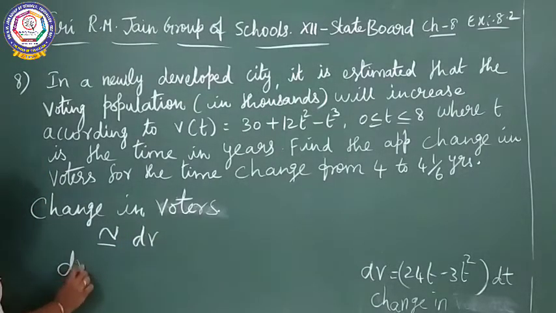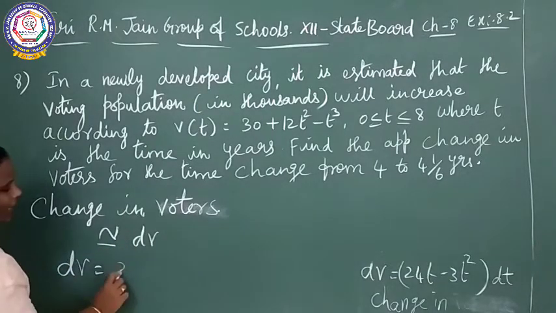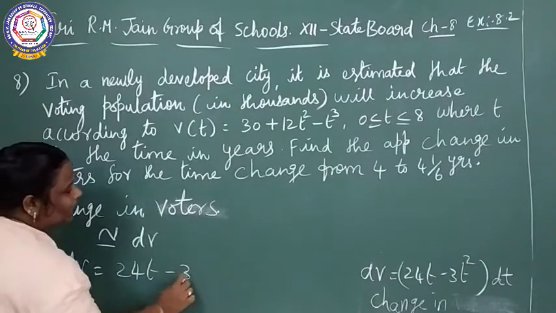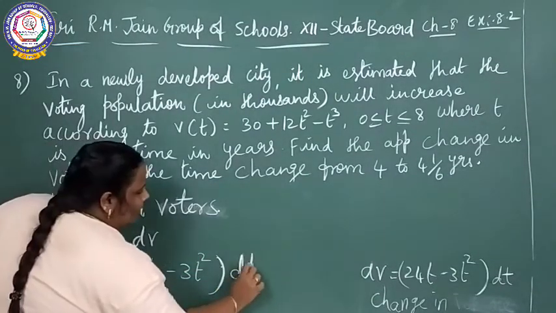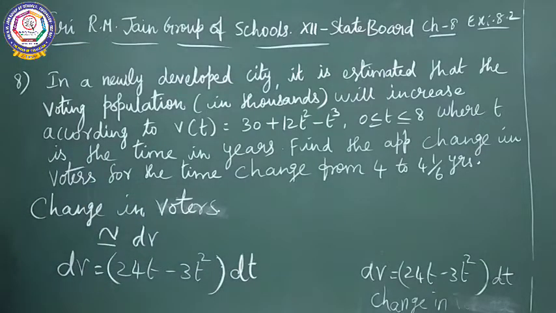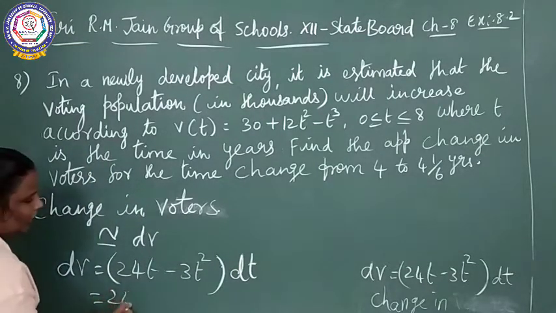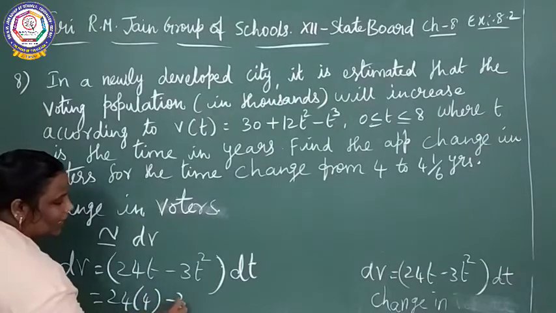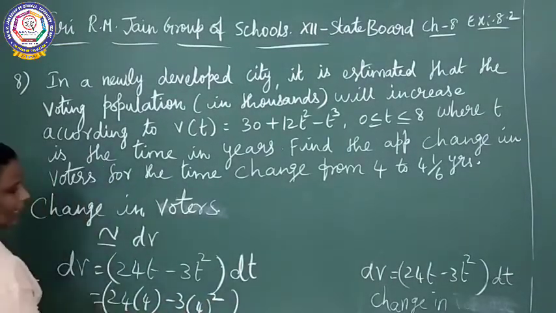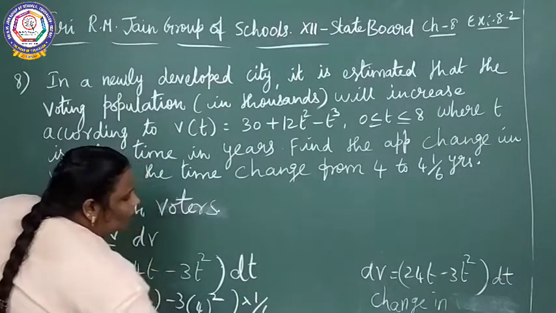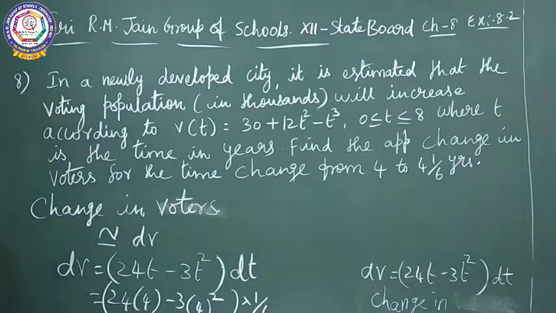So dV equals 24t minus 3t squared into dt. Substituting t equals 4: 24 into 4 minus 3 into 4 squared, into dt, and dt is 1/6.